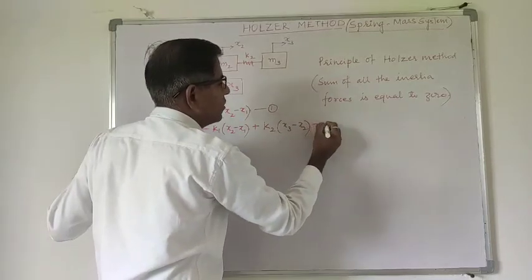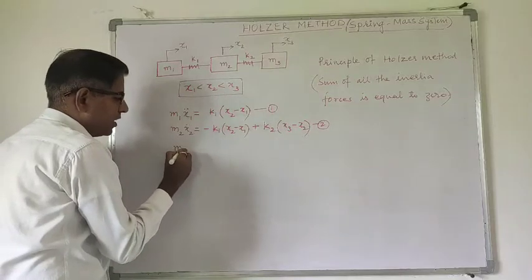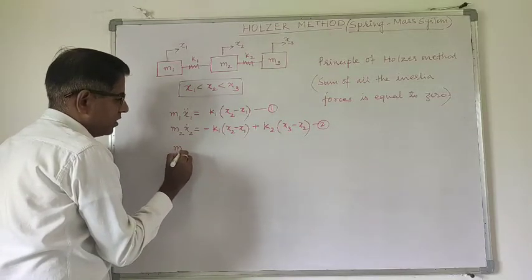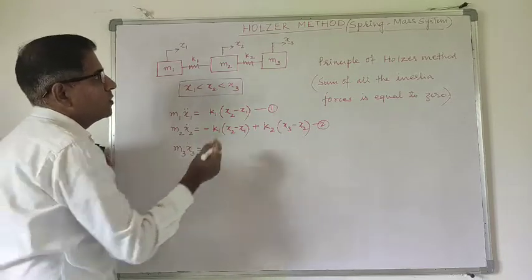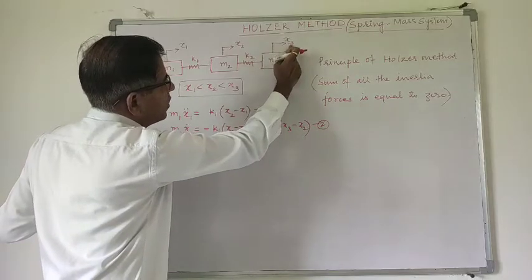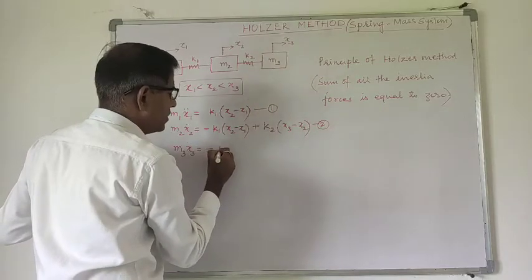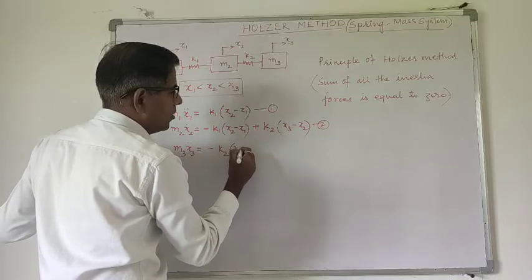So this is equation number 2. The inertia force at the third mass, m3 x3 double dot, is equal to minus K2 into x3 minus x2, since there is only one force acting in the opposite direction to x3.